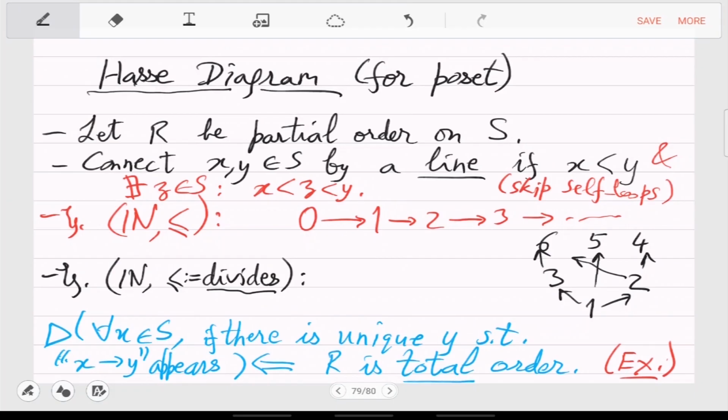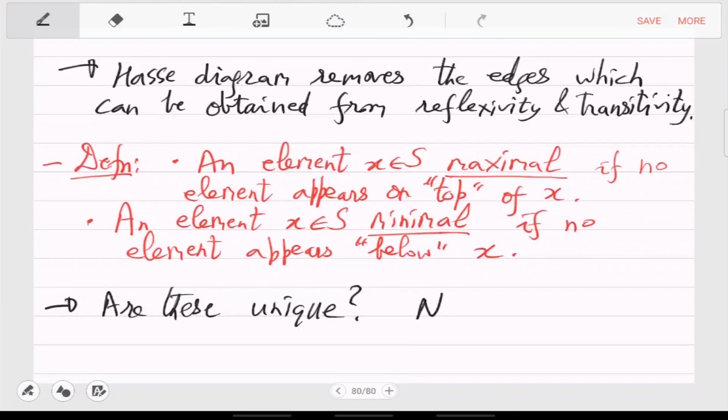And the bigger numbers you get in your finite picture, those will be the maximal ones, like 6, 5, 4, and so on. So they are not unique.